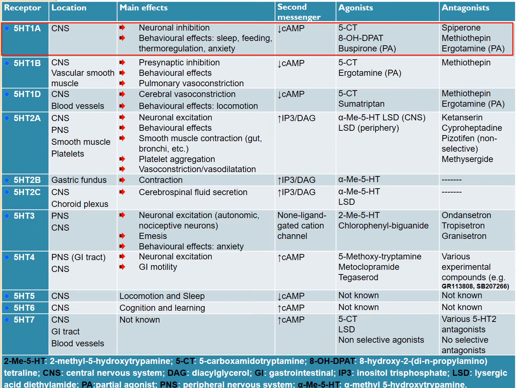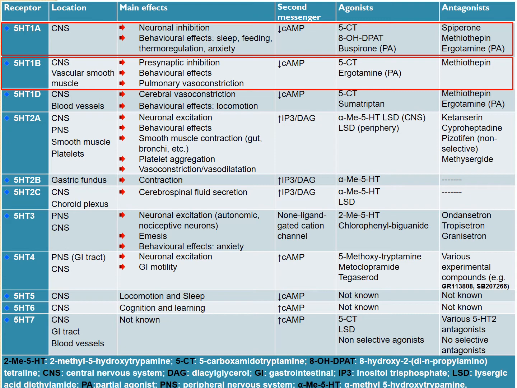Then the second receptor is the 5-HT1B receptor. This receptor is mainly located in the central nervous system and vascular smooth muscle. It is mainly involved in effects like presynaptic inhibition, behavioral effects, and pulmonary vasoconstriction. The secondary messenger of the 5-HT1B receptor is cAMP.